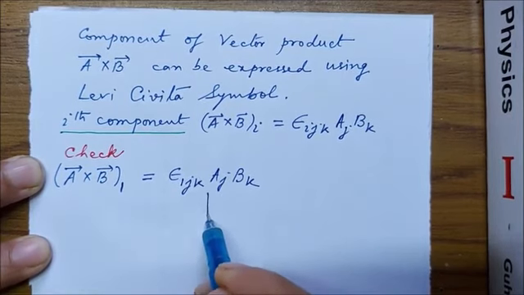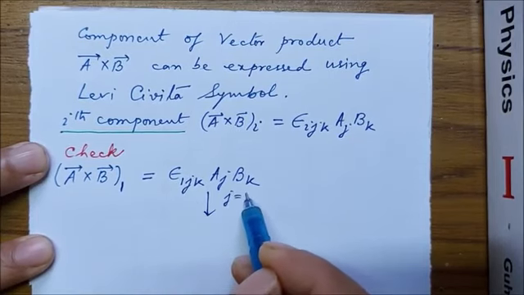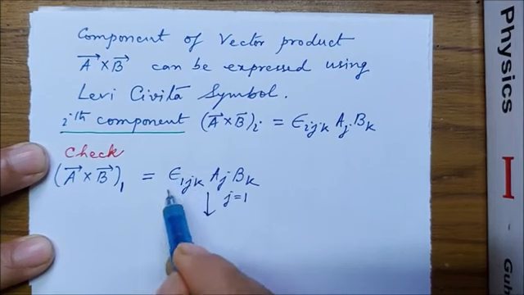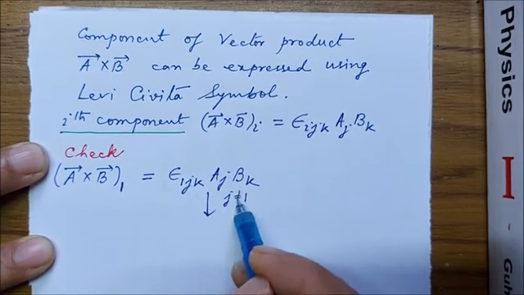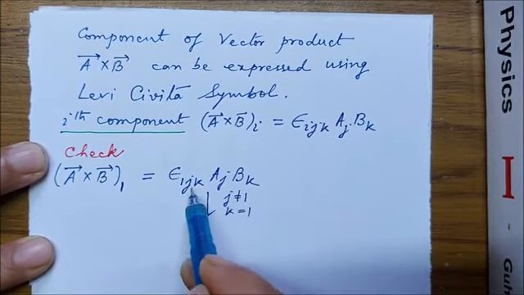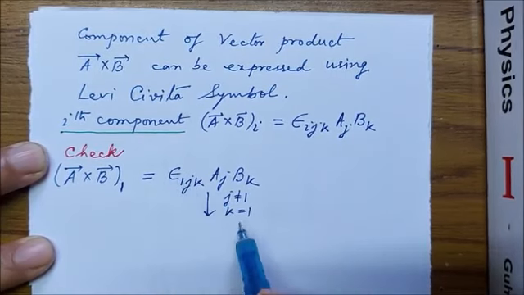We note that j cannot be 1, because if j equals 1, then the Levi-Civita symbol is 0, because then the index 1 is repeated. Similar is the case for k equal to 1. If k equals 1, then an index repeats and the Levi-Civita symbol is 0. So k cannot be 1.